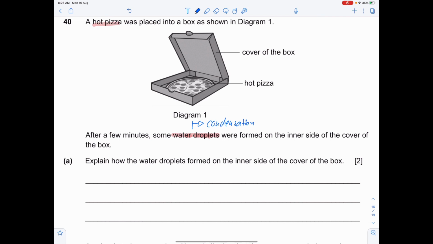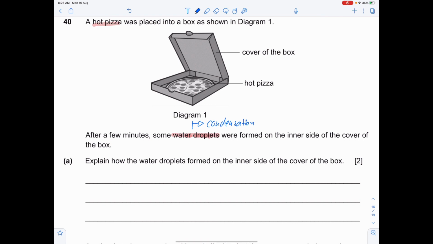Mary measured the temperature of water in both M and N every 5 minutes and recorded the graph below. So even before looking at a graph, I should get a good understanding, so I can align what I understand to what the graph might show. So I should have a prediction already.